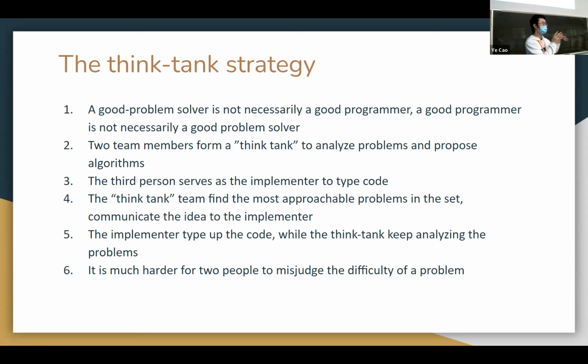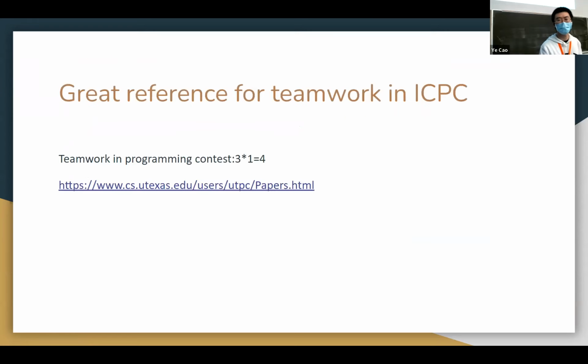They communicate the idea to the third person, who types it up, while the think tank keeps browsing through the problem set and finds the next easiest problem, communicates it to the third person, and repeats the process. A benefit of having 2 pairs of eyes on a problem set is that it's much harder for 2 people to misjudge the difficulty of a problem than 1 pair of eyes.